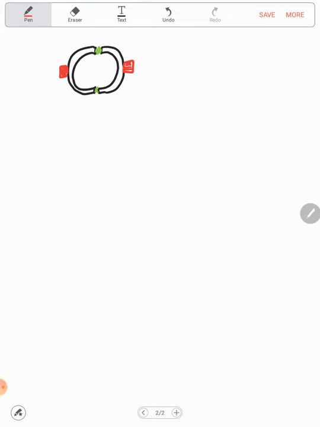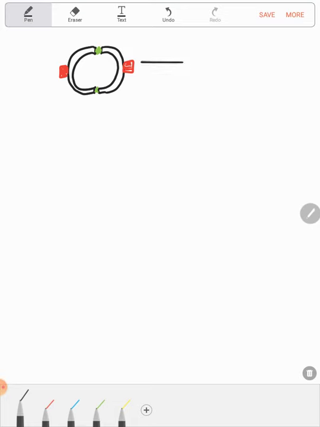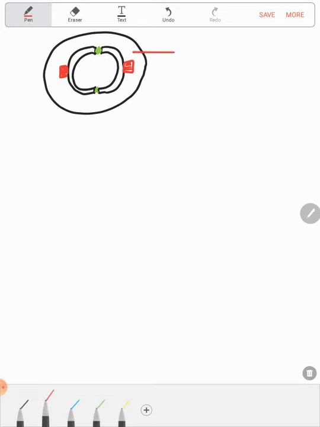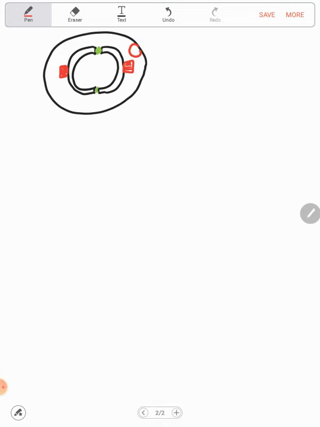So let's assume this is the rotor, and in the rotor let's assume we're having 1 coil for simplicity, and let's assume here the sense of the current is in and here the sense of the current is out.